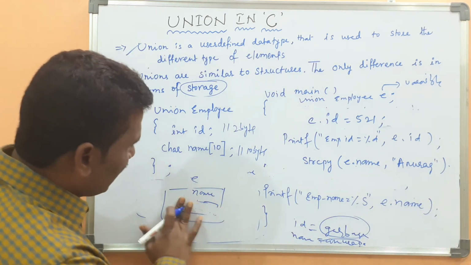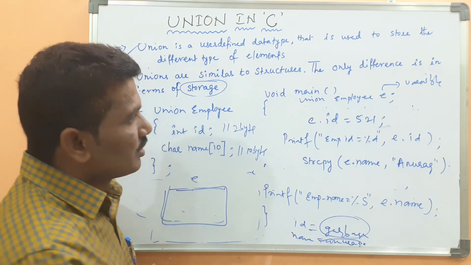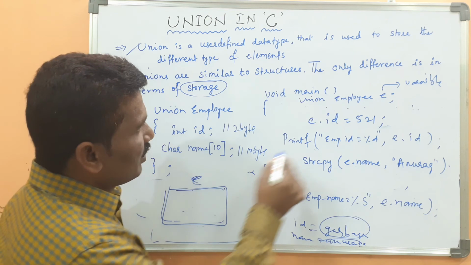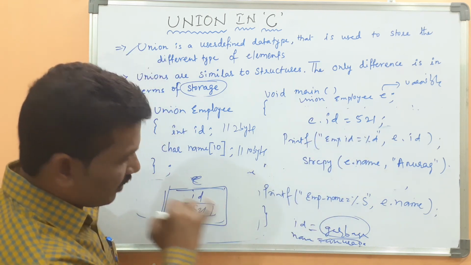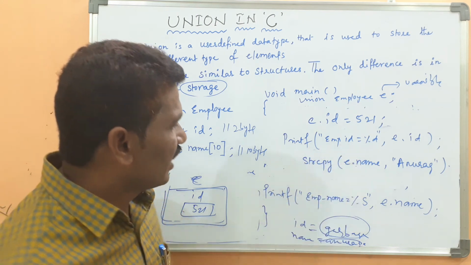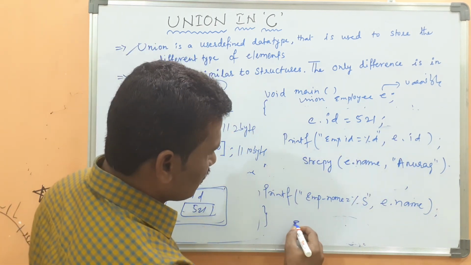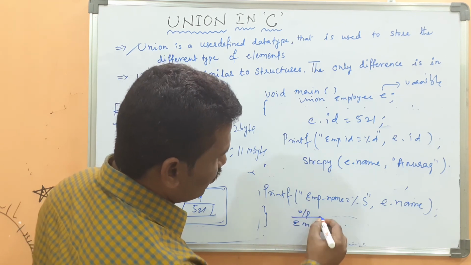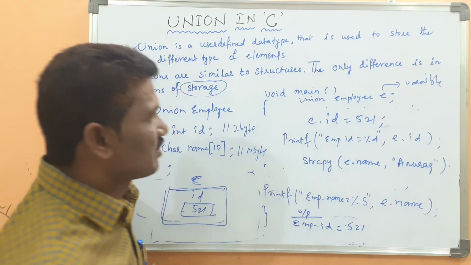First, what is the value we are storing in the structure variable E dot ID? 521. Okay, employee ID equal, what is the output? Here, employee ID equal 521 will be displayed.